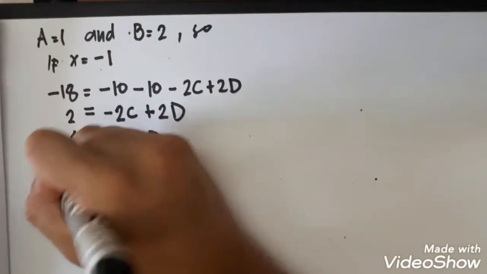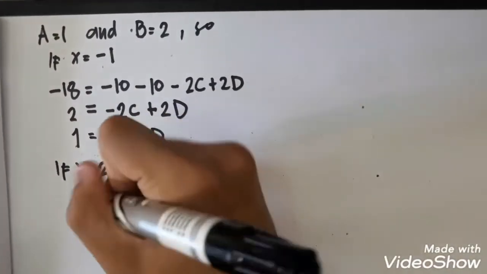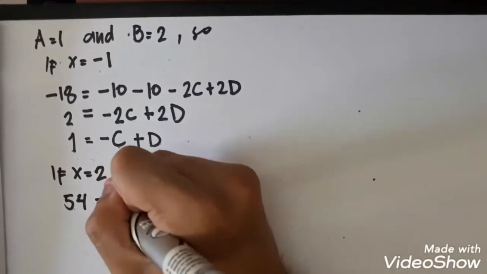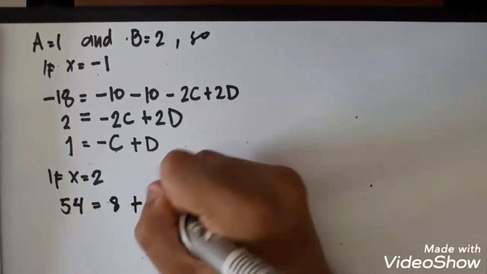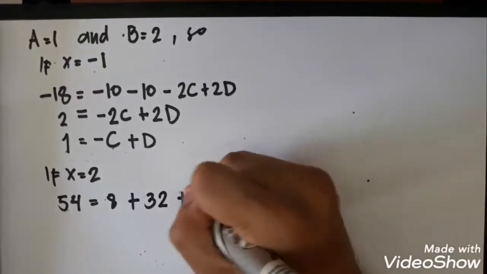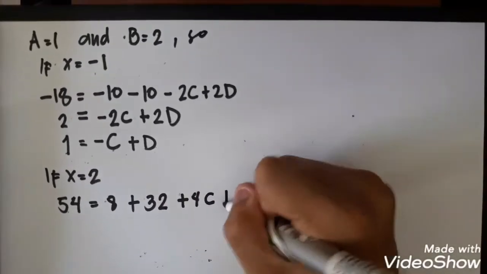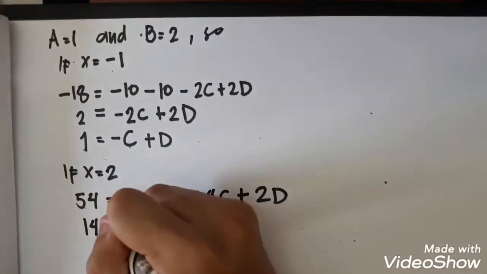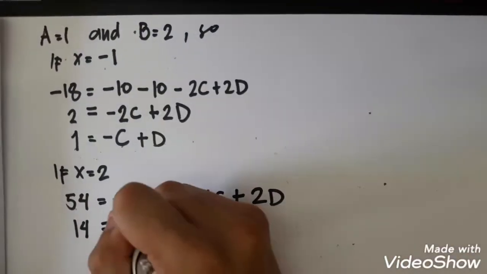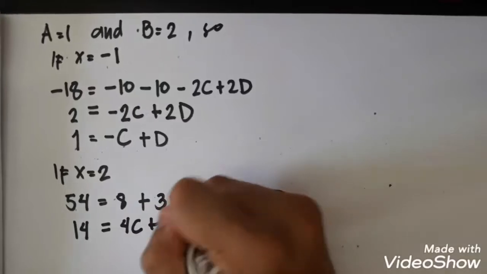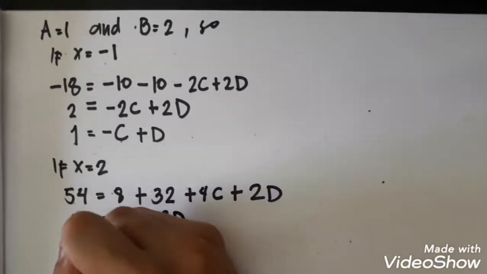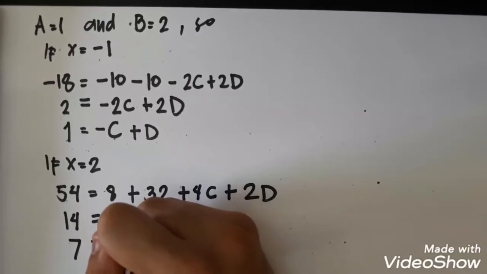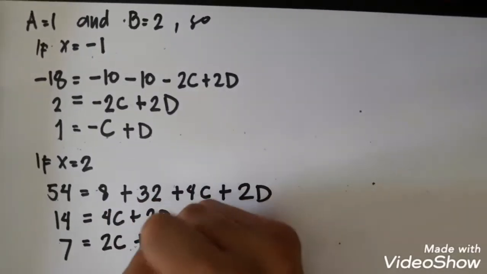Next, if x is equal to 2, then the result is 54 equals 8 plus 32 plus 4c plus 2d. So 14 is equal to 4c plus 2d, and dividing all by 2, 7 is equal to 2c plus d.